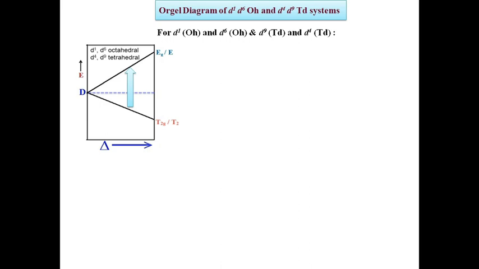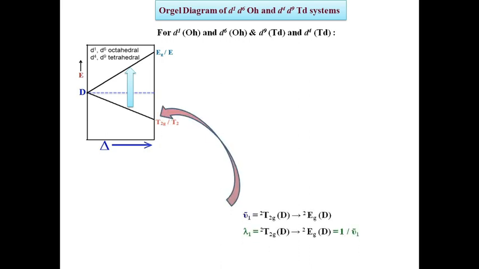Now we can find the wavelength lambda from the equation as the inverse of wave number or energy involved in the transition, and from the wavelength we can identify the position of absorption in the spectra as well as the color of the complexes.